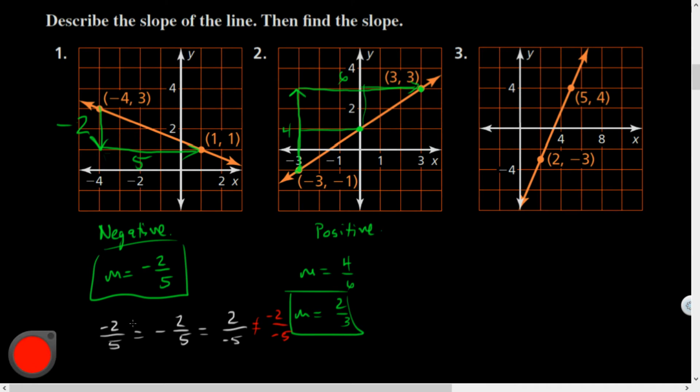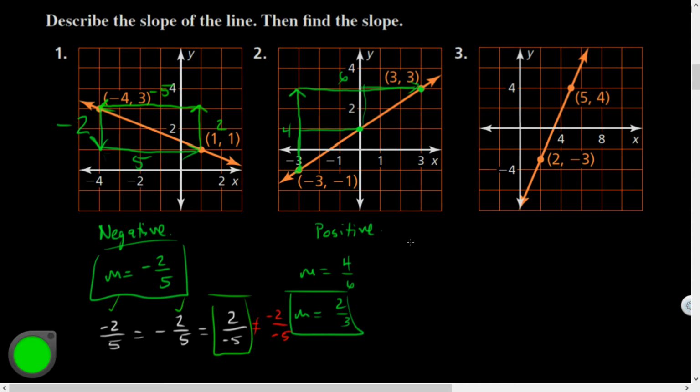Okay, so that's like 3 ways you could place your minus sign. As far as the ones that we like, I like this one and this one for writing slope. It's kind of weird to write it that way. However, notice that using this one, I could actually go up 2 and backwards 5 and land at that point, right? Up 2 and backwards 5. So sometimes you can switch it around if that helps you out.